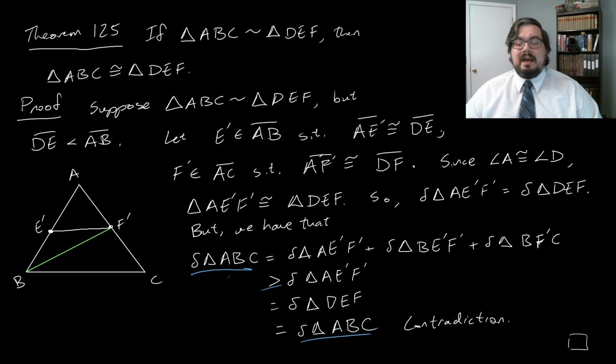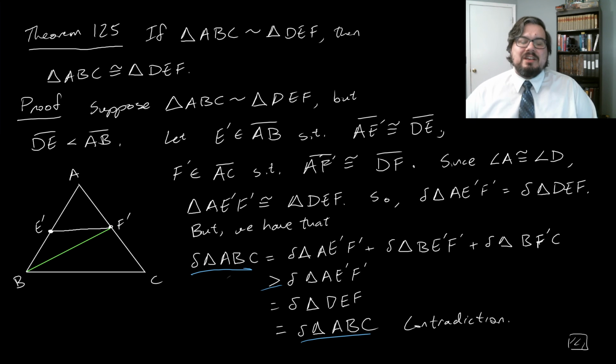And so what we have is that if there are two triangles in hyperbolic geometry where all of the angles inside are congruent, corresponding angles are congruent, then in fact the whole triangles are congruent.